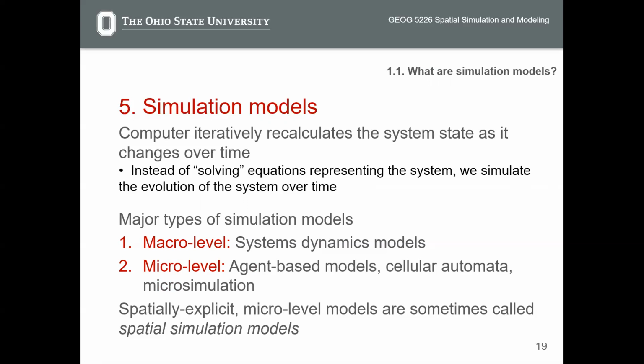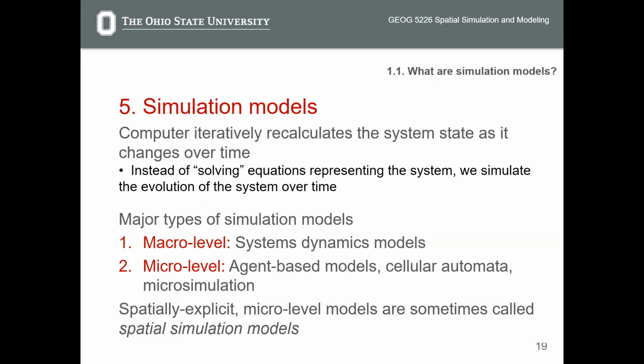But at micro level, we care about each individual, or in this course, each agent in this system. So if you're creating a simulation model at micro level, in this course, we call them agent-based models.